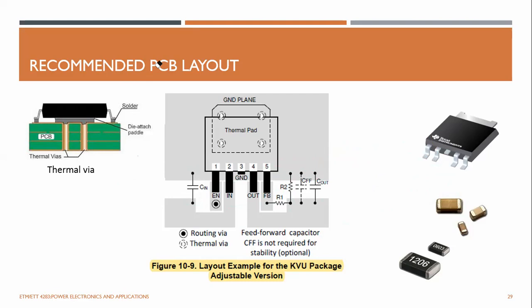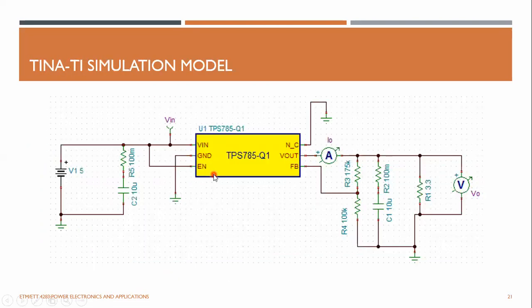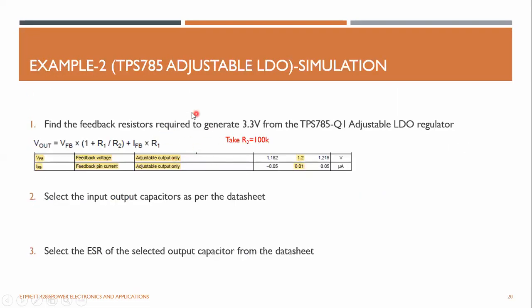Right, now we can do an example. We are going to build and test an adjustable linear regulator in simulation. Before we move into this exercise, if you have any questions, you can ask them now.